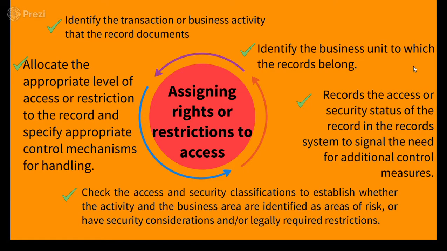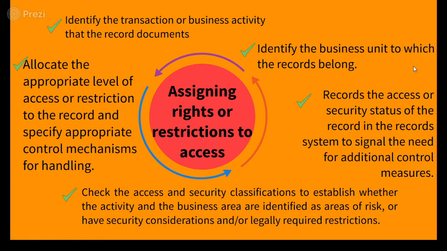It is to identify the transaction or business activity that the record documents. Second, identify the business unit to which the record belongs. Record the access or security status of the record in the records system to signal the need for additional control measures.